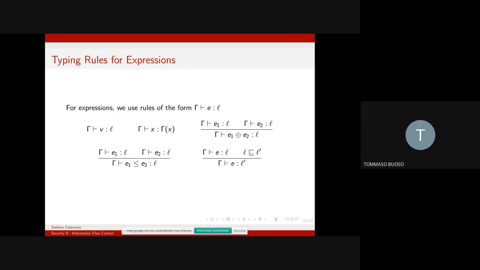Sorry, can you repeat? Yeah, so let's assume I have this discipline. So if I have the pin, which is confidential, and I want to sum to the pin the value 10, which is public, then this is allowed, provided that the result of the computation is private. Are we happy with this rule?